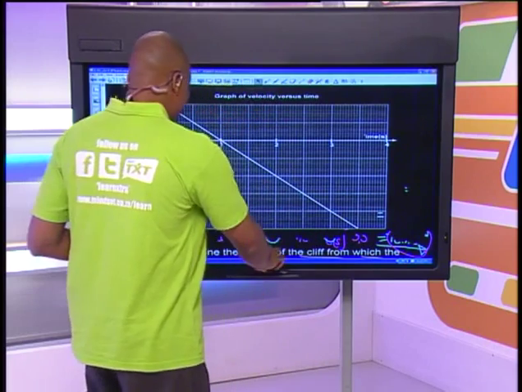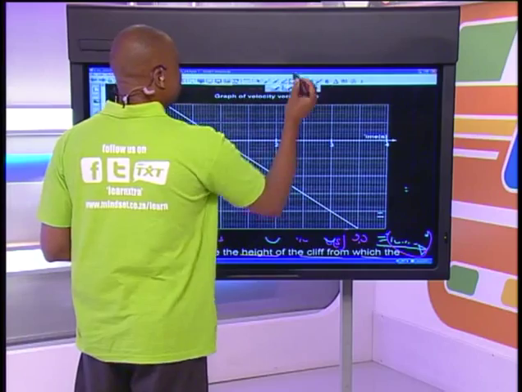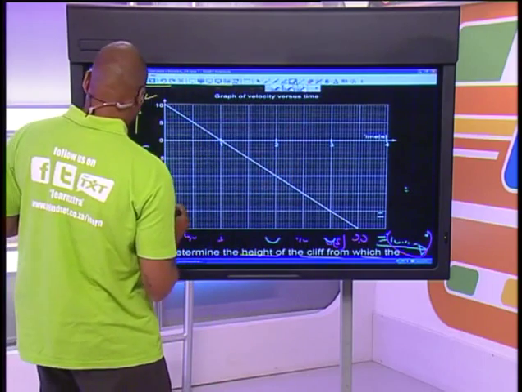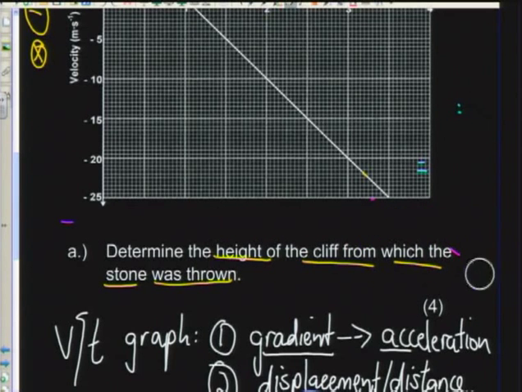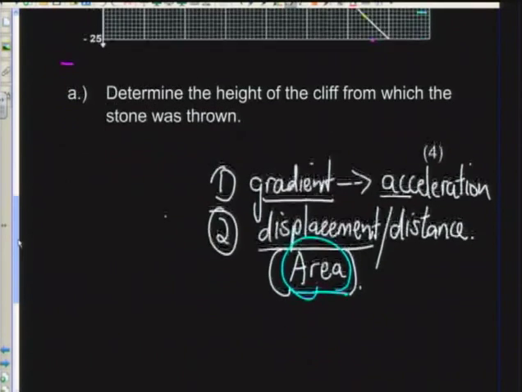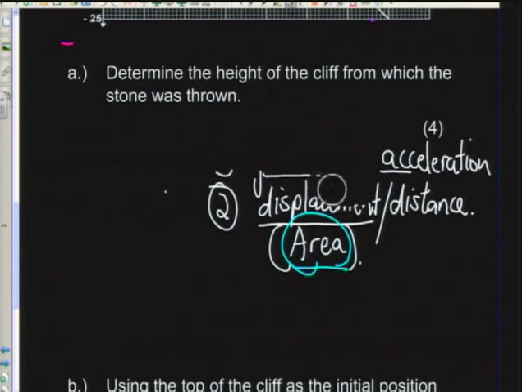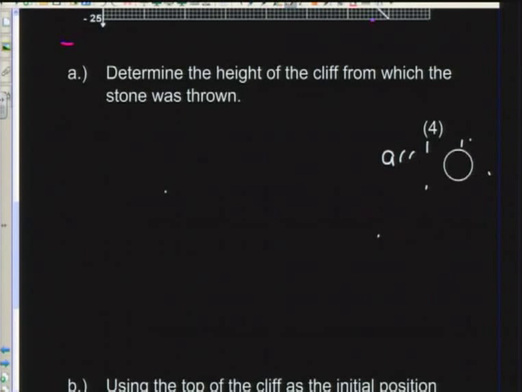Okay, thank you, Lini. Continuing, like I said earlier, I need to talk again on this graph when we're looking at the area. I'm going to use question A here to show you how you make use of the area enclosed by the graph to find how far that particular object has moved.